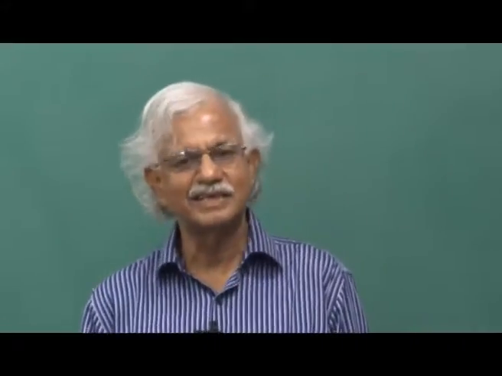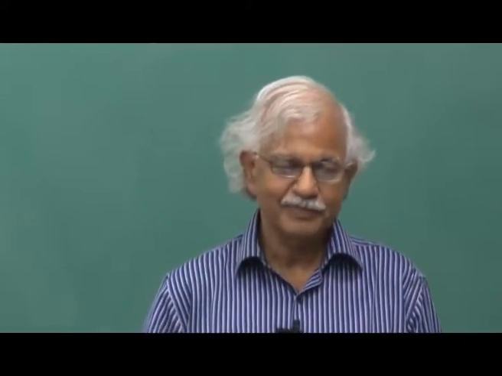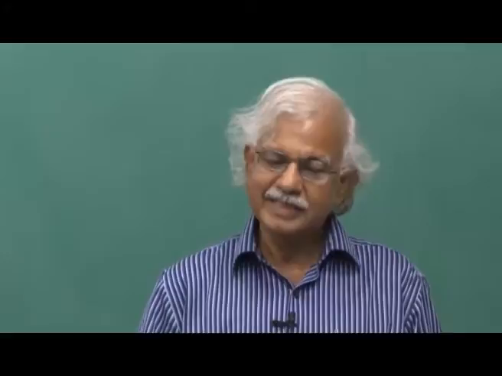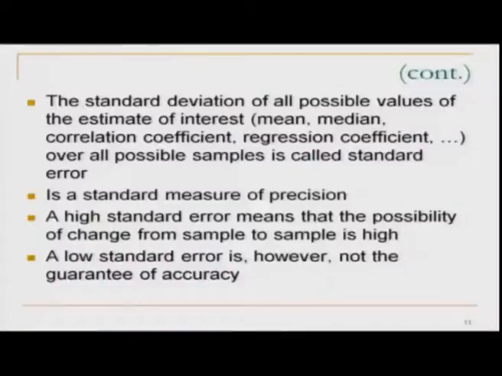That is why their standard deviation is high. The standard deviation of all possible values of the estimate of interest. The estimate of interest may be mean, median, mode, geometric mean, harmonic mean, correlation coefficient, regression coefficient, anything you calculate from sample data will have a standard deviation of all possible values, or standard error.